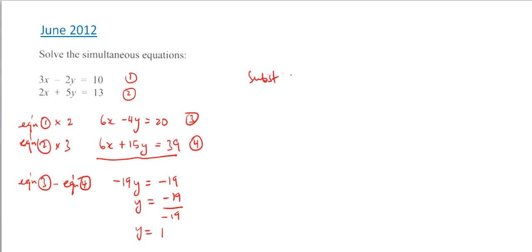Now substituting y equal to 1 into equation, sorry, equation 1. So that'll be 3x minus 2 open brackets 1 equal 10. So 3x minus 2 is equal to 10.